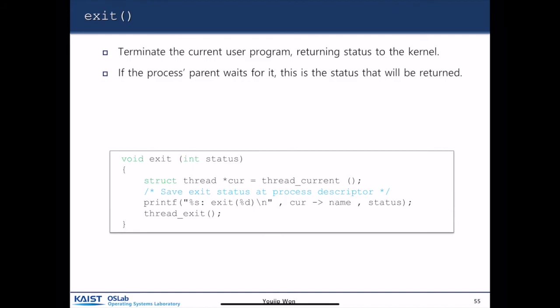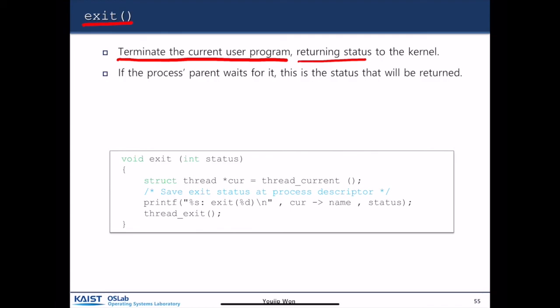The next function we're going to cover is exit. In exit, you have to return the exit status of a given process. So if a process called exit, then the operating system has to terminate the user program and return the status to the kernel. And if the process's parent waits for it, then it will read the exit status of the given thread.